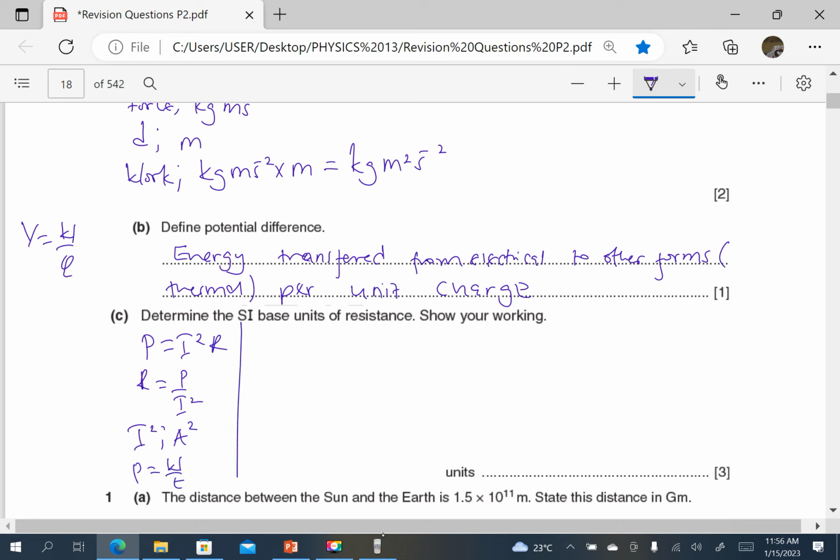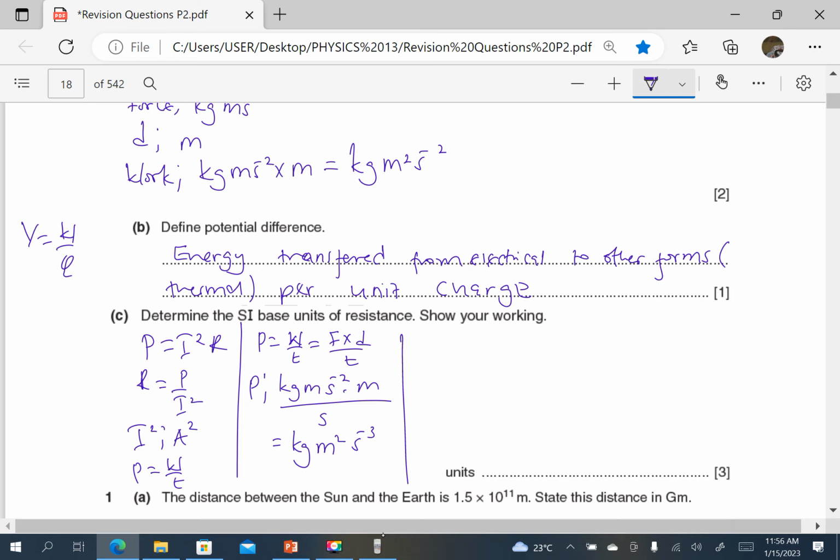So the base units of power, work done is force times distance over time. So the base units of power will be, for force, kilogram meters per second squared, times meters divided by seconds, which simplifies to kilogram meters squared per second cubed.